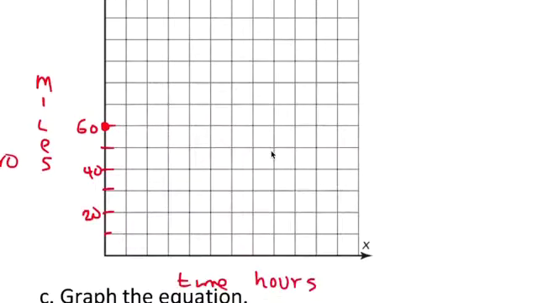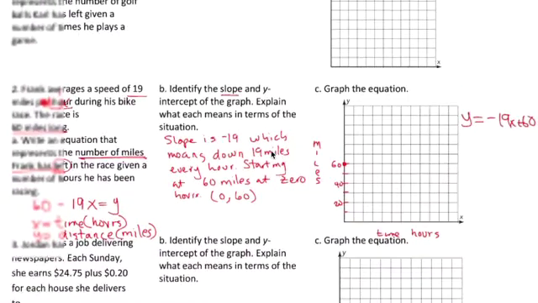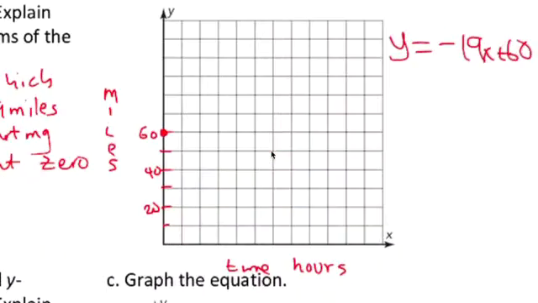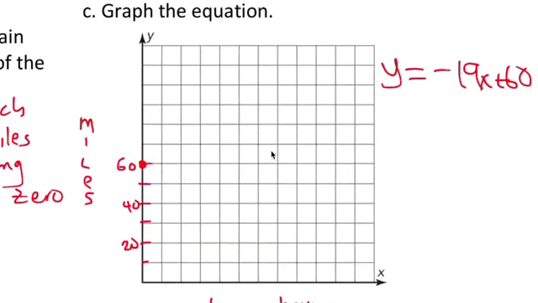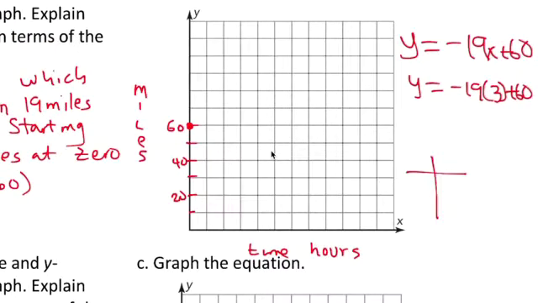Then I'll just use, let's say, because the equation is negative 19x plus 60, right? It's writing it the other way. Let's say 2 hours or 3 hours. y equals negative 19 times 3 plus 60. I'm making a table of x and y. x is 0, y is 60, right?